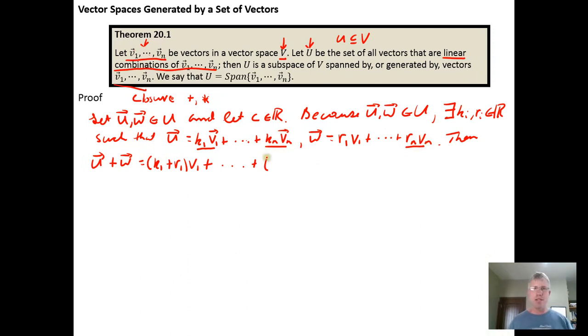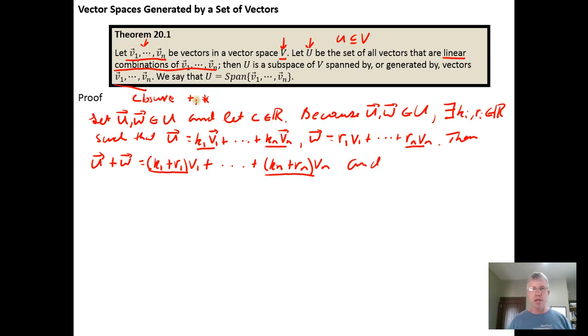We could factor the V sub n off using the distributive property, and we'd get k sub n plus r sub n, the sum of two scalars, times V sub n. And what we want to notice is that the sum u plus w is a linear combination of the n vectors we chose from V, because these coefficients, the k sub i plus r sub i terms, are all just scalars. A real number plus a real number is just another real number, another scalar.